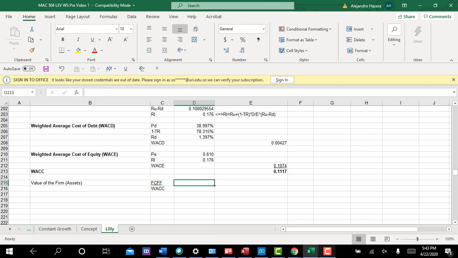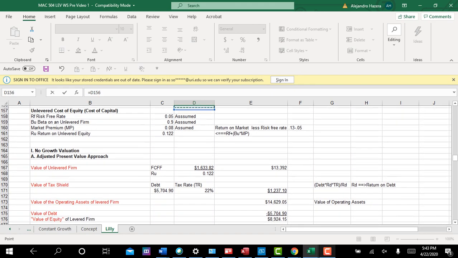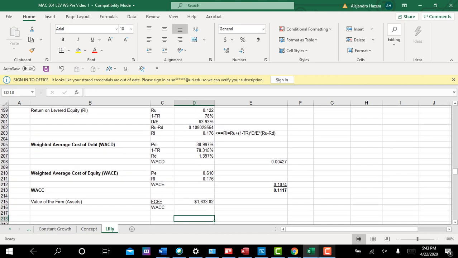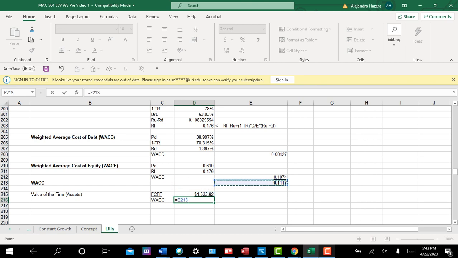Okay, so let's just go ahead. Your free cash flow to the firm, it seems like an eternity ago, back in video 2, but if we go up to the free cash flow to the firm here, it is 1633.82, and then we're going to divide that by our weighted average cost of capital.